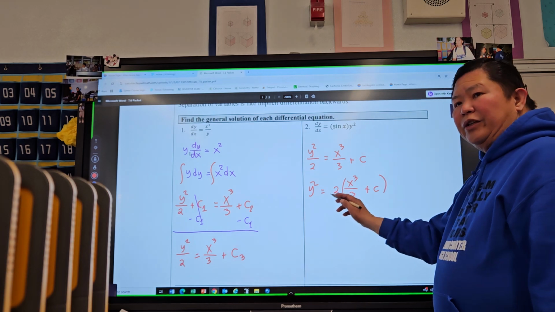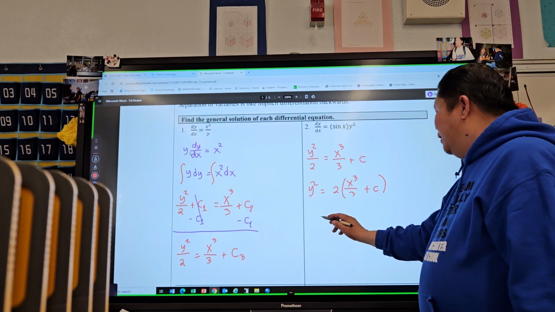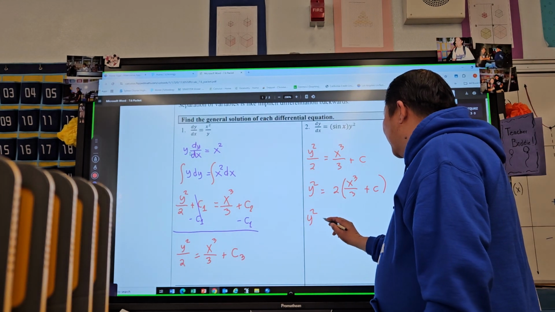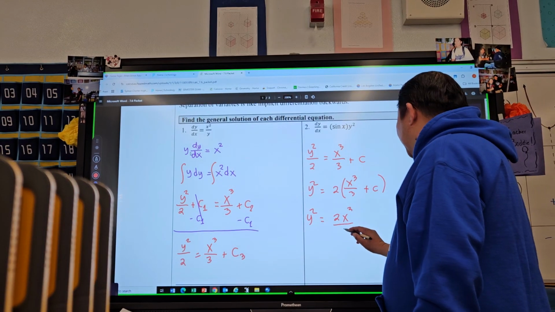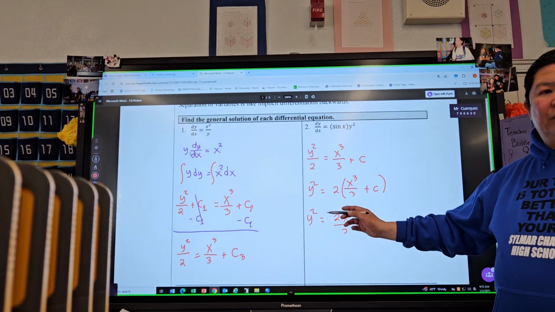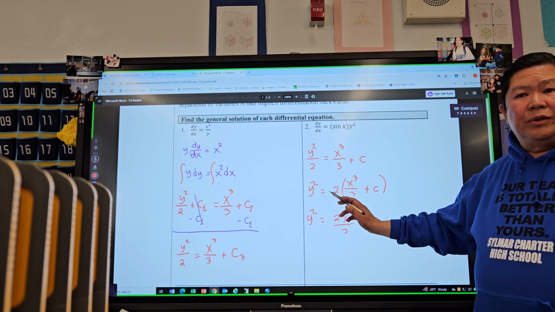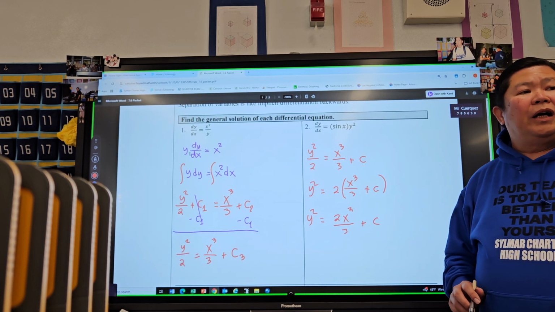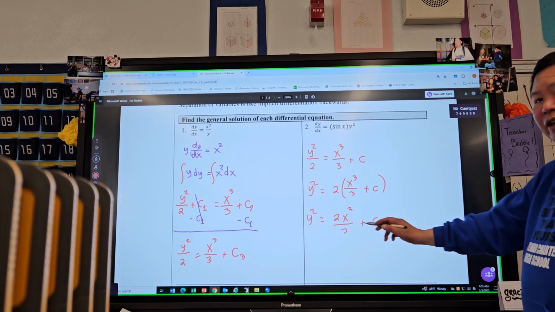But as I said, you don't have to put as 2c. Okay, so y square is equal to 2x cubed over 3, just have c, not 2c. Okay, you might say, Mr. Roy, isn't it that we distribute? Yes, we are distributing, but the constant serves as constant, even if it's 1 million constant. Okay, just c.